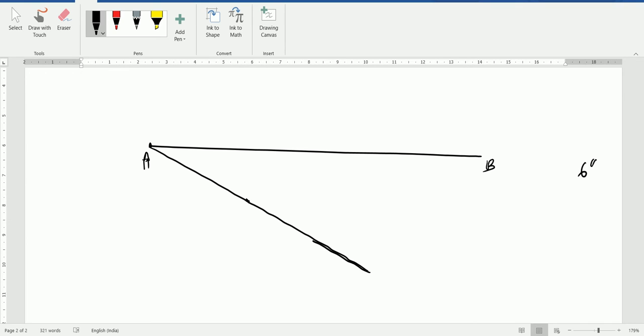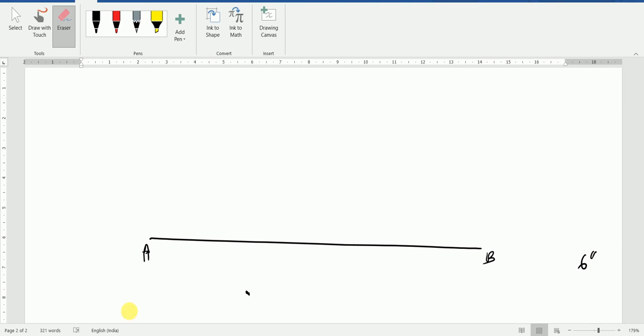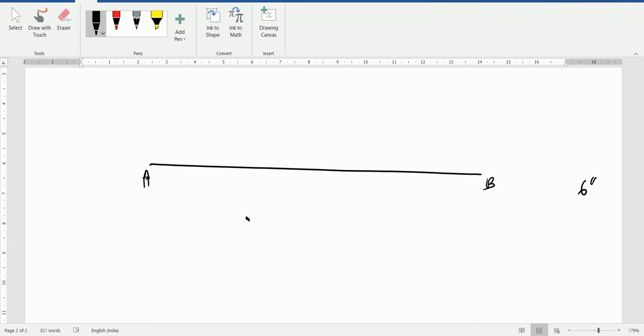Okay, let me proceed. First, we have to draw line AB with a length of 6 inch, then measure 20 or 25 degrees from this point and draw another line. This line we may name AC.